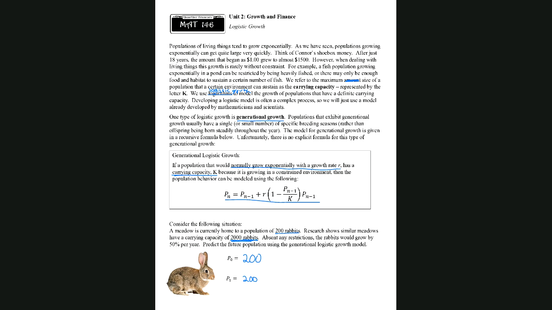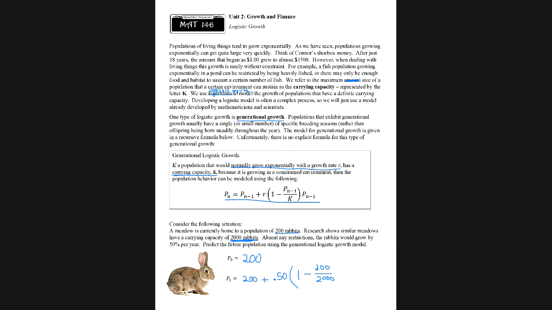Plus the rate R, that's 50% or 0.50, or you can just say 0.5, times 1 minus 200 over 2,000. 200 is the P sub 0 and 2,000 is the carrying capacity.